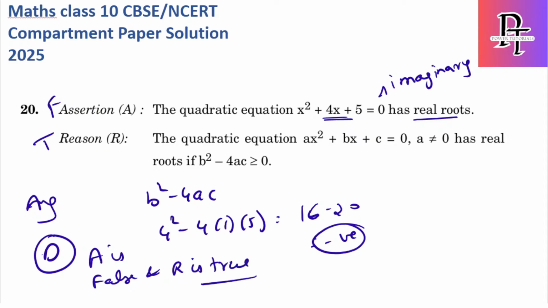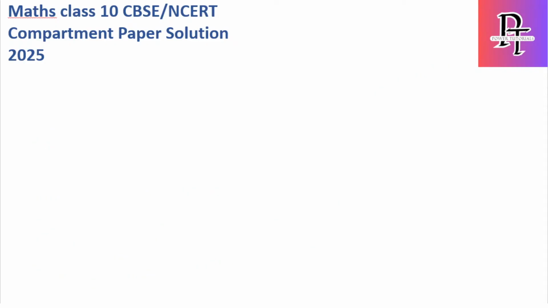Okay, so in this way all the 20 questions of compartment exam set 1 are done. Mostly today evening or tomorrow morning I'll try to cover sections B and C, and today is the 12th, right? So by the 14th I will make sure to complete the other two sections, D and E as well.